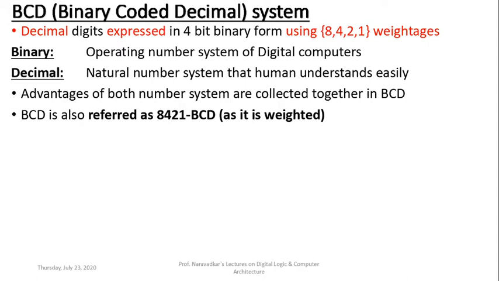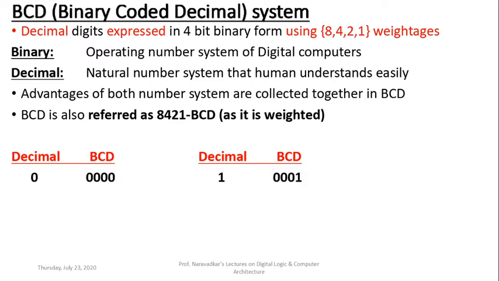Now here is a table which will show the conversion of decimal into its corresponding BCD. Decimal 0 to 9 expressed in 4-bit BCD form. So first of all, decimal 0. Using 8421 weightages, for representation of decimal 0 we don't require any weight to be added.